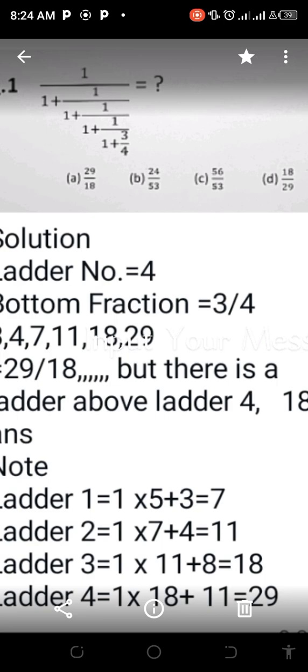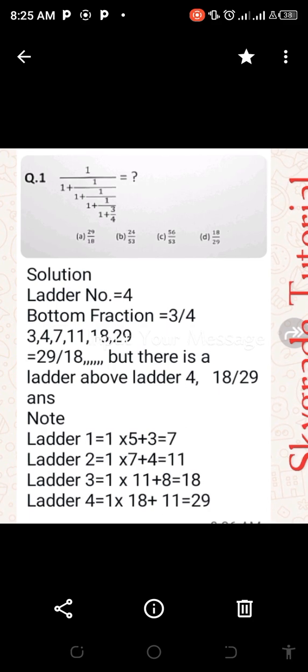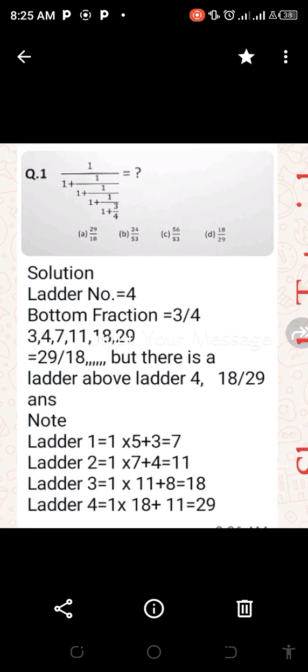And ladder 4 is 1 times 8 plus 11, which is 29. So your answer is 29 over 18. When you take the reciprocal of 29 over 18, because of the ladder above the fourth ladder, we now have the correct answer as 18 over 29. Is that clear? Now let us go to the next example.